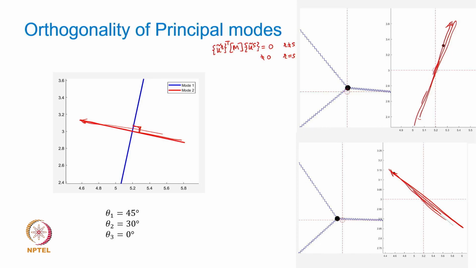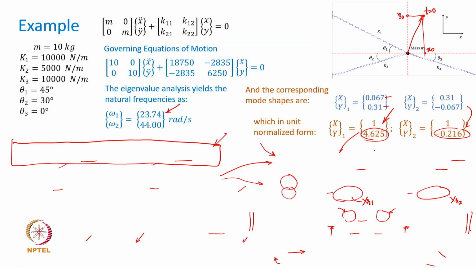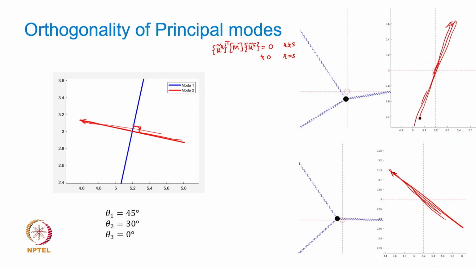So you check the values of these mode shapes and put them as the initial conditions for both the modes, and you can show that the line along which the first mode executes and the second line along which the second mode executes will be orthogonal to each other. One can consider this to be a geometric representation of what actually is meant by the orthogonality of principal modes.